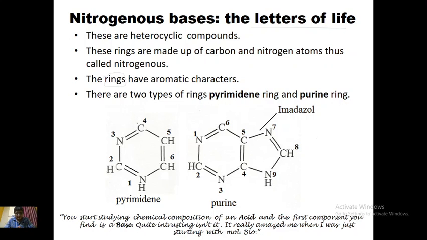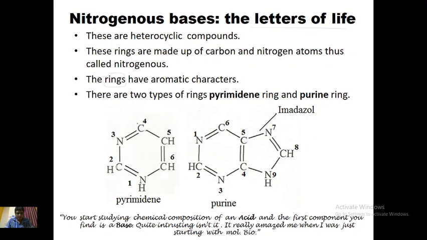Since the ring is made up of carbon and nitrogen, we call them nitrogenous rings. Rings have aromatic character, as I have just told you, since these have pi electron clouds. So these are aromatic nitrogenous bases, heterocyclic compounds, nitrogenous compounds, basic compounds.